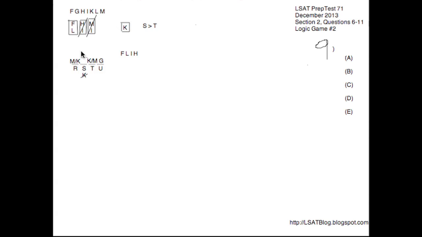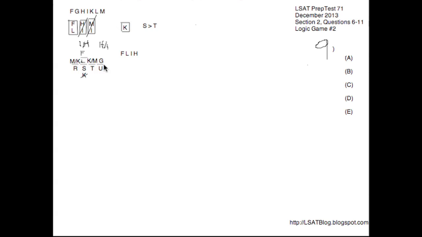So we're going to have F and L on S for certain, and then we're going to have one of I or H on S. The other one of those 2 will have to be on U, and that's basically everything we can determine for this. So we'll just run through the choices, seeing what must be true.